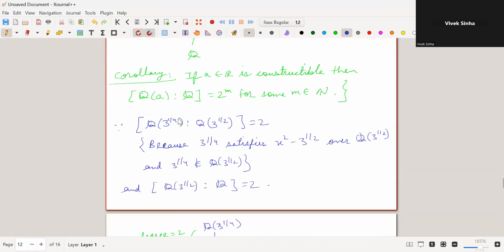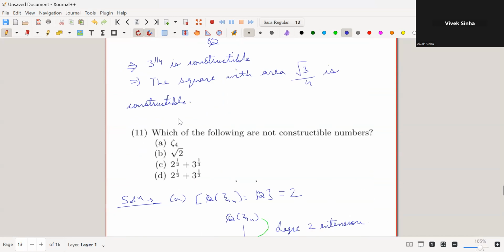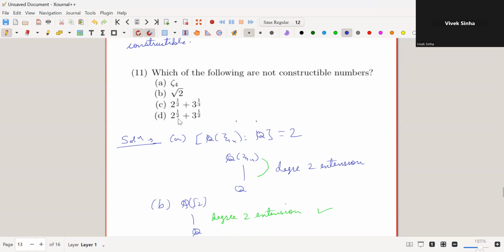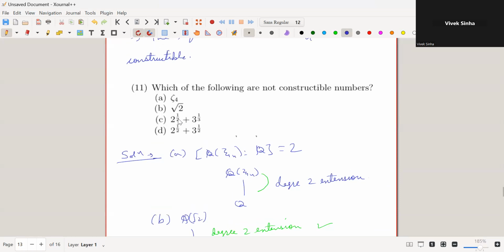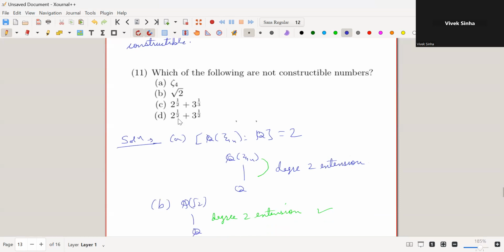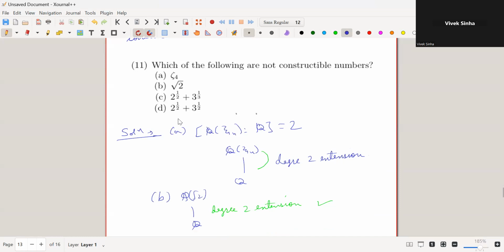You want me to scroll down? Down. Okay. 10th, constructible. Number 10th. Number 11. I think 11. 11 number you want me to repeat? 11.